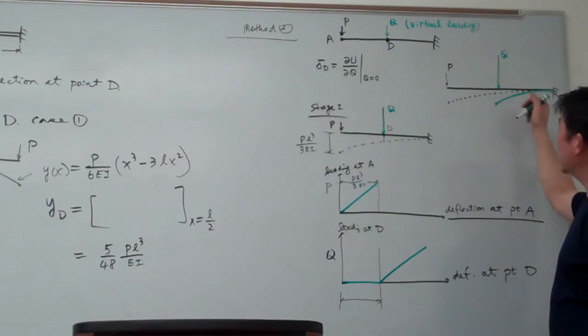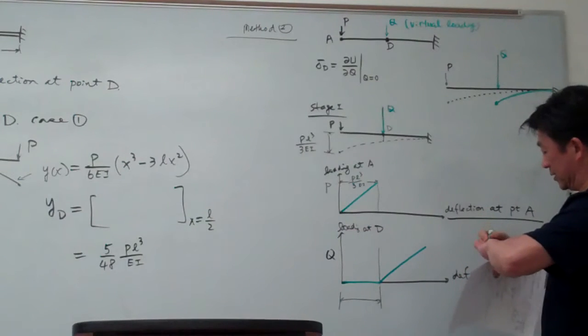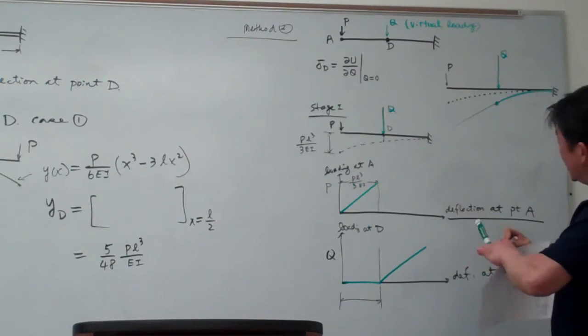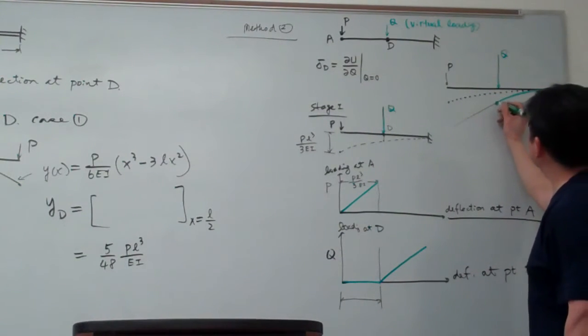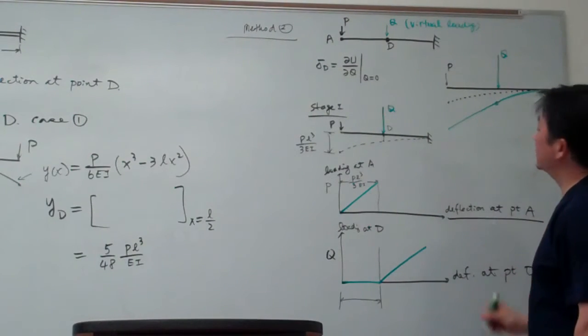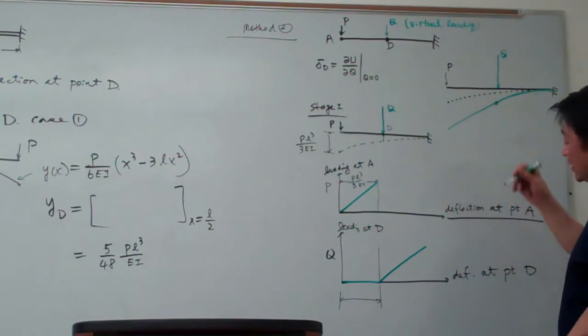If we find the slope at this point, let me graphically show the slope here, then the contribution of the Q to the deflection of the beam in this portion will remain as a straight line. Okay, then we figure out the details here.